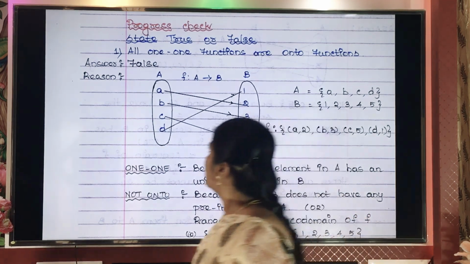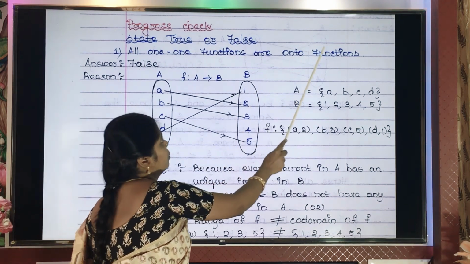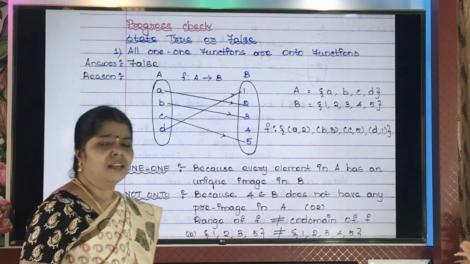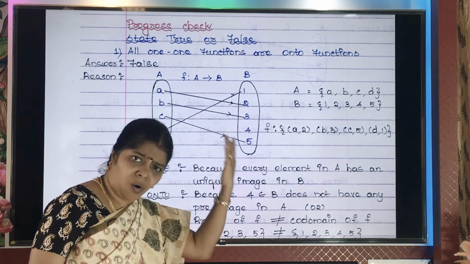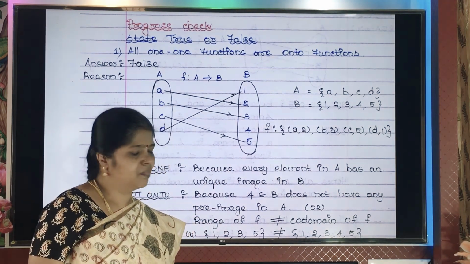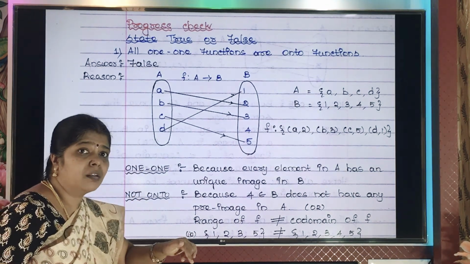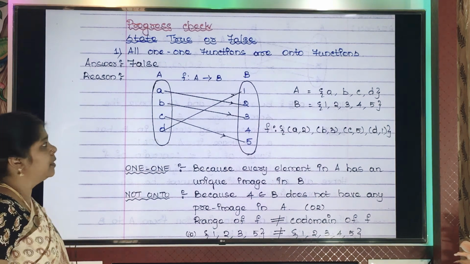See, all one-to-one functions are onto functions. Do you think that all one-to-one will become onto? No, it cannot. This is false. How do you say it is false? I have given an example here.